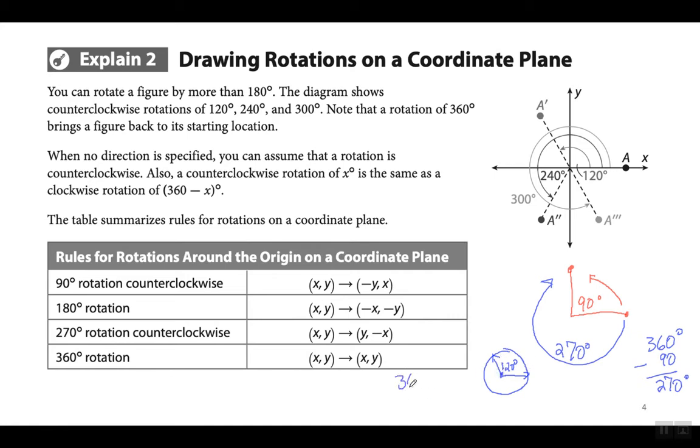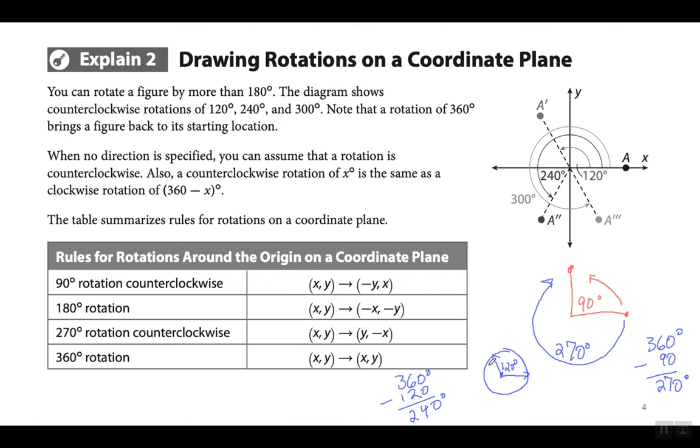That's the same as going clockwise. Just do 360 minus 120. That would be the same as going clockwise 240 degrees. So 120 degrees counterclockwise is the same as 240 degrees clockwise. They both end up in the same spot.